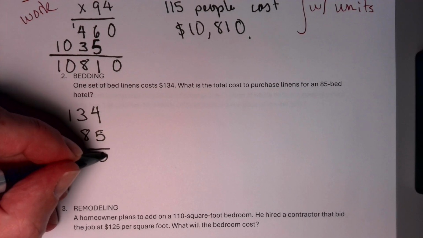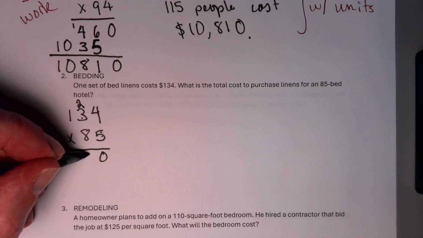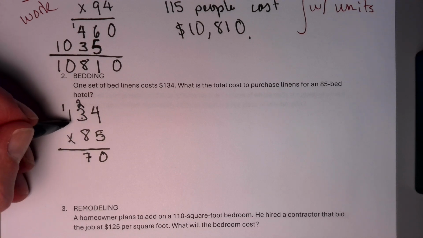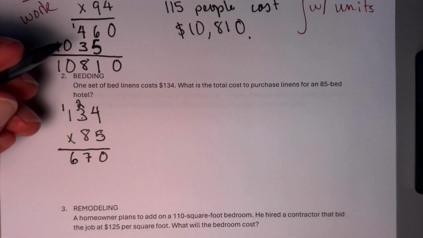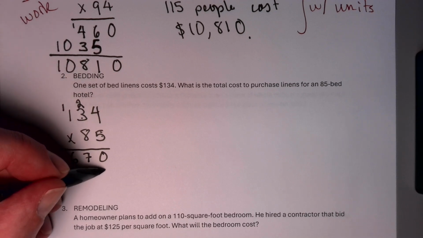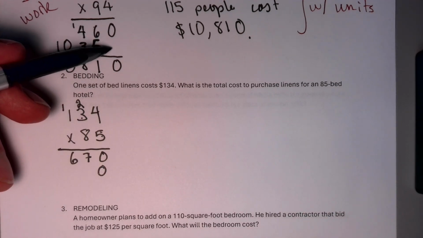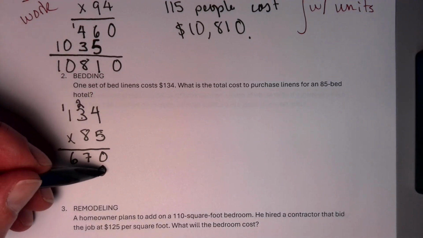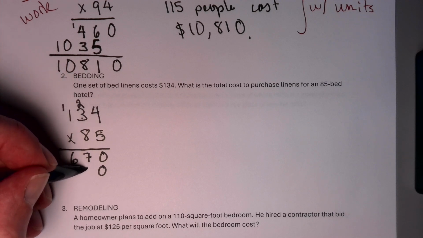5 times 4, once again, is 20. Carry the 2. 5 times 3 is 15. Plus the 2 is 17. Carry that 1. 5 times 1 is 5, plus the 1 that we're carrying is 6. All right. Some people like to put a placeholder 0. Notice up here I did not do that. I just shifted everything over. Doesn't matter. Okay, so we'll put our little placeholder 0 there. 8 times 4 is 32.